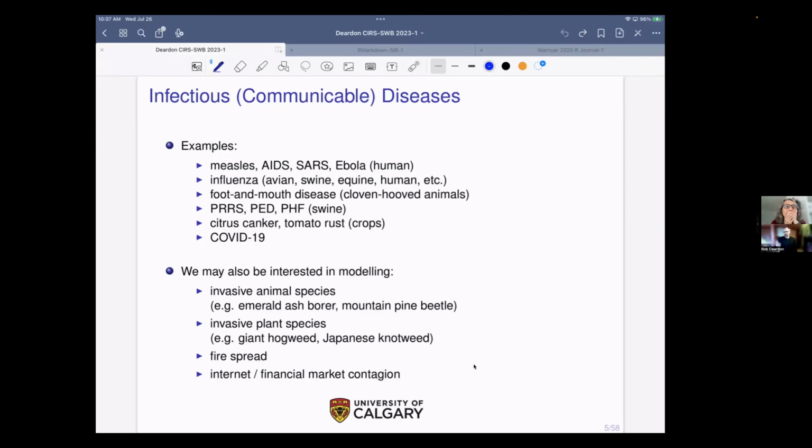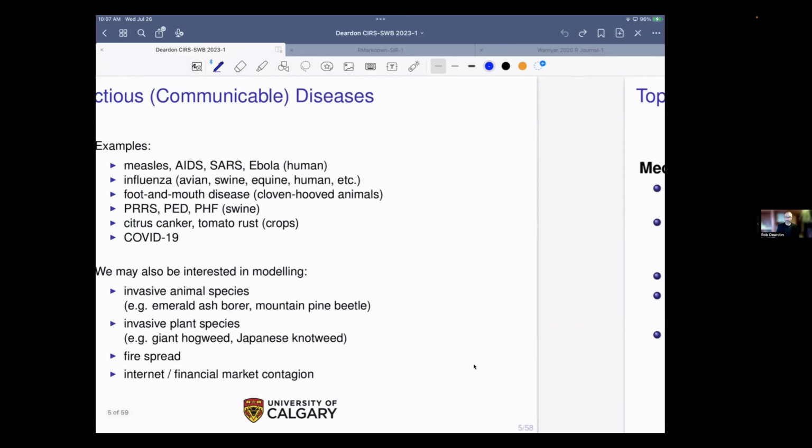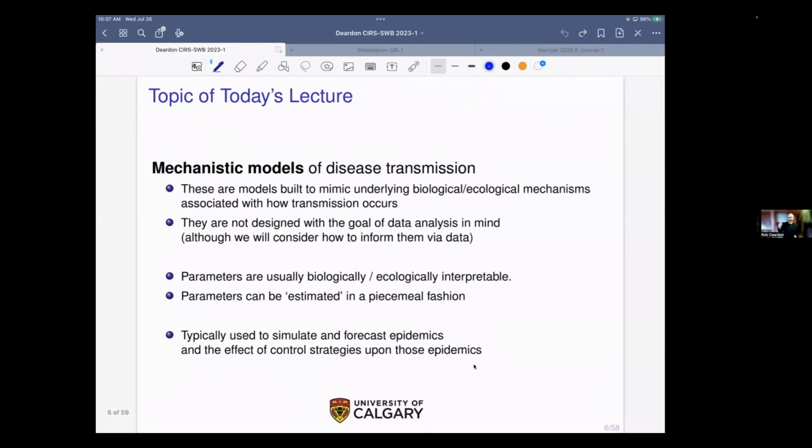And although I haven't really worked in this area, you can use these models for things like computer viruses, social memes, financial market contagion. About a year ago I went to a talk on Ponzi schemes, as part of a conference, I didn't seek this out. I was quite surprised to see that they use essentially SIR models to model Ponzi schemes. So although I'm going to talk about diseases today, there are extensions outside as well.